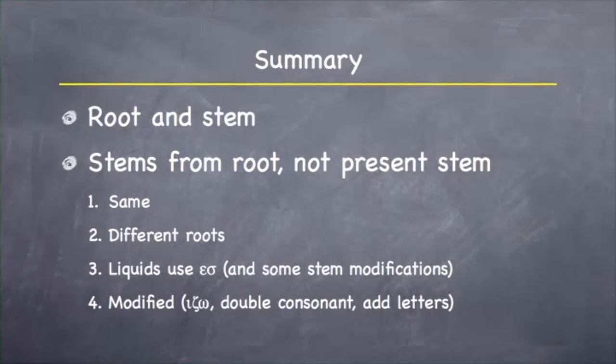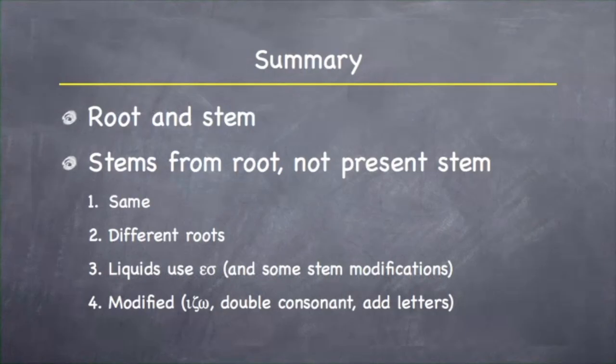And then pattern 4 is the root itself is modified in the formation of the present tense stem, but the root for the most part is going to go directly into the other tense stems unmodified. So examples are idzo words, which are really roots ending in a dental. Aso verbs are verbs whose roots end in a velar, and they're going to behave perfectly regularly after that.